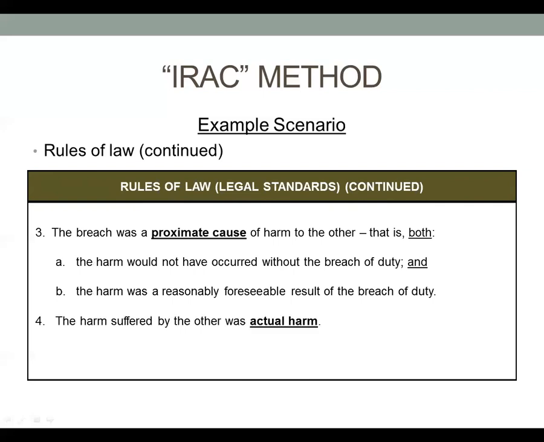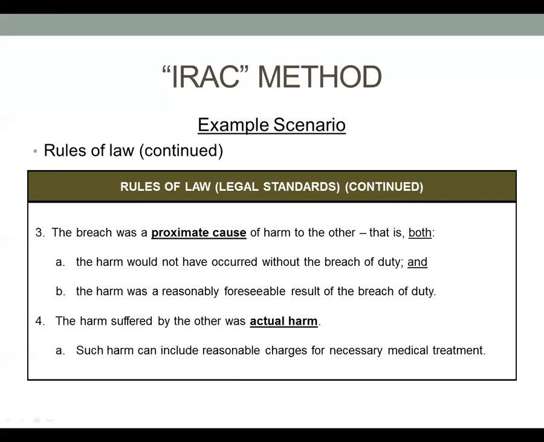Now, the final rule of law relating to whether or not Tucker would be liable has to do with whether the harm in question was actual harm. Actual harm really means not just presumed harm. There actually has to be harm, such as physical injury, medical bills, and that sort of thing.